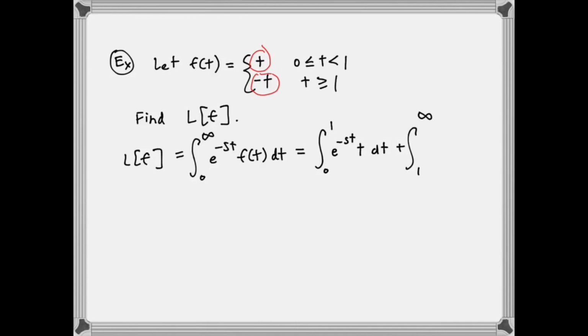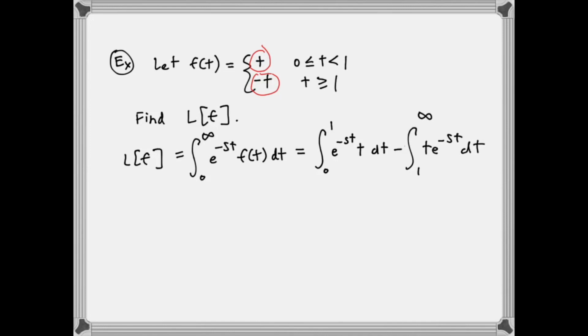Since it's a negative t, I can pull the negative out, and I'm going to get that, right? So what would this become? Well, I've already done this antiderivative earlier.